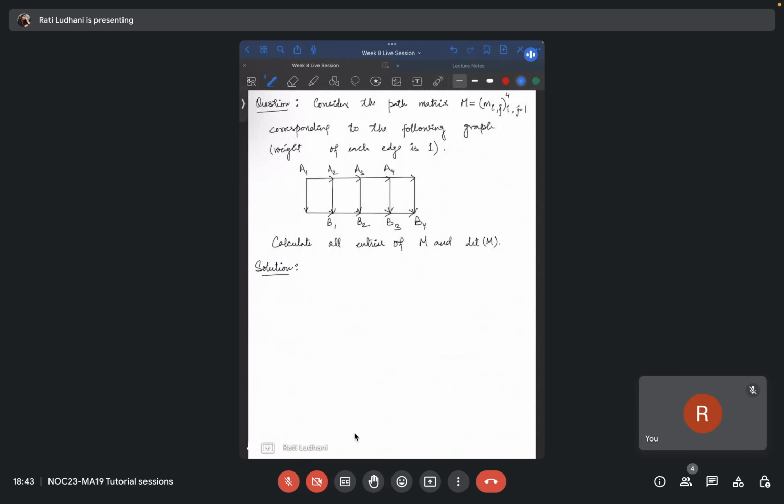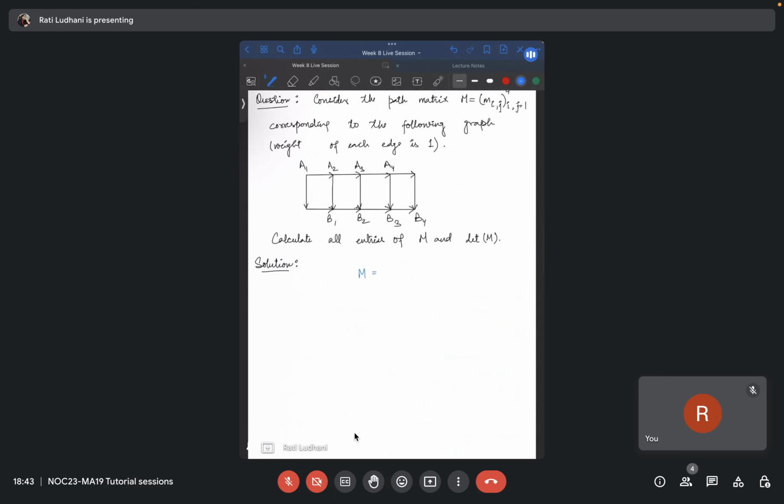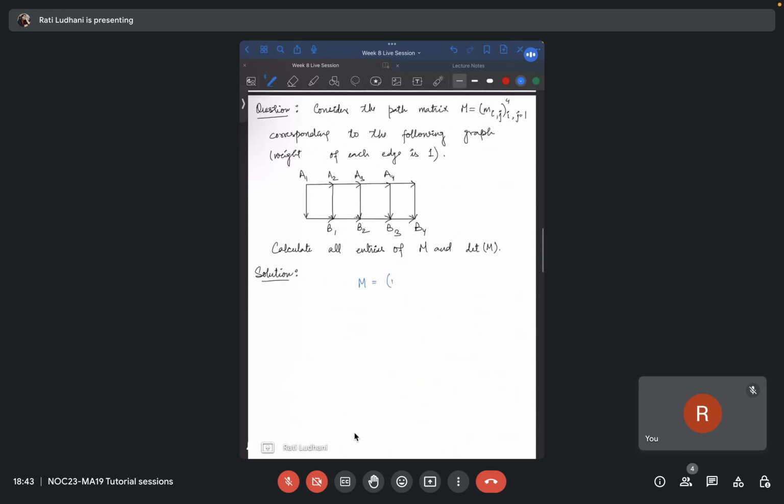Consider the path matrix M. You have this path matrix M_ij, i, j equal to 1 to 4.